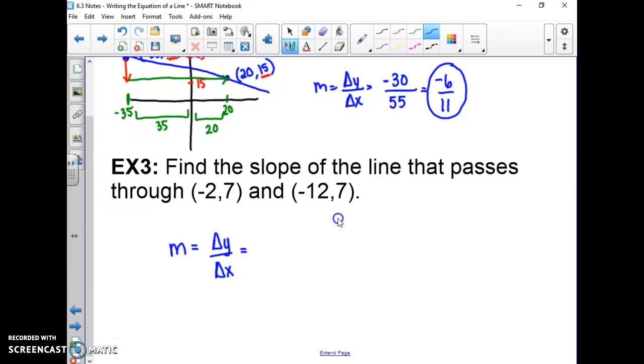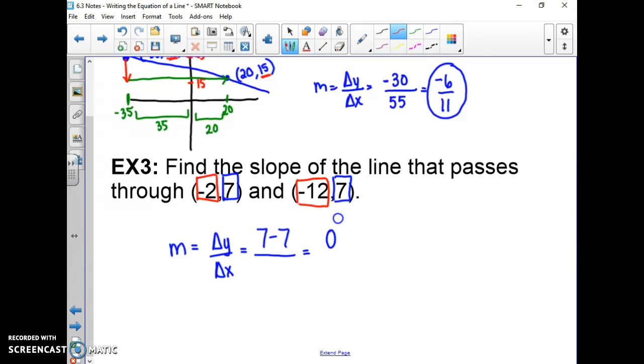If we look at 7 and 7, these are our y values. Those didn't change at all, because 7 minus 7 is 0. Then from negative 2, we have to go to negative 12.